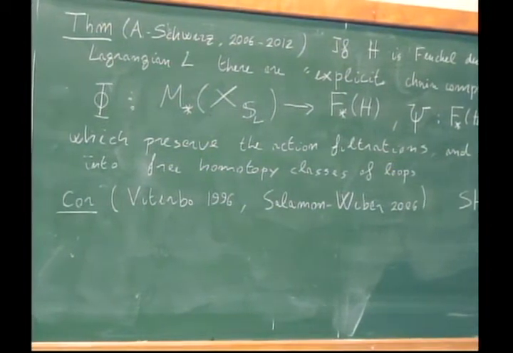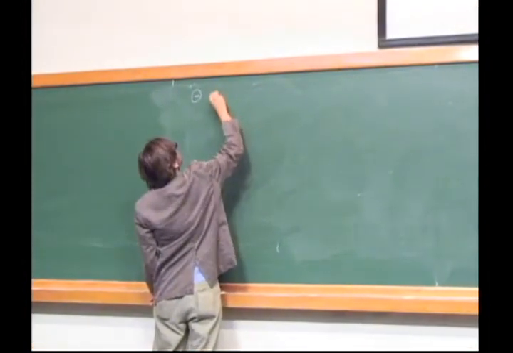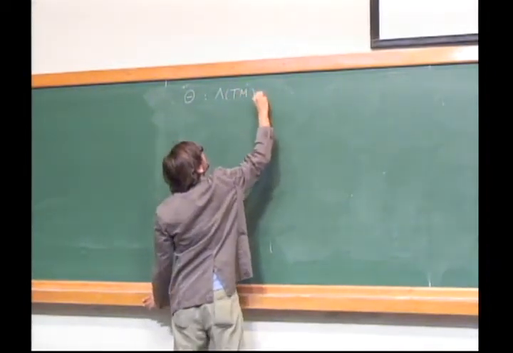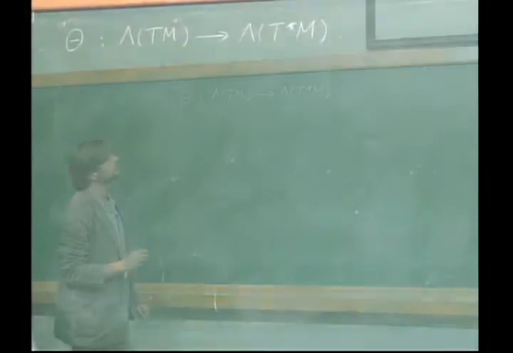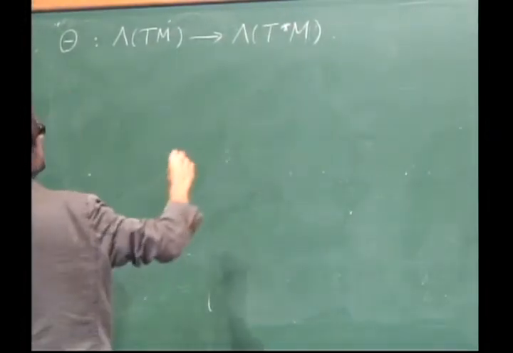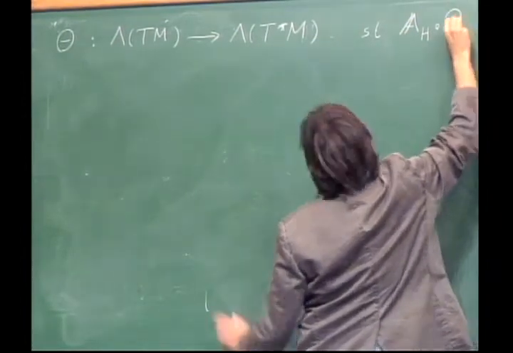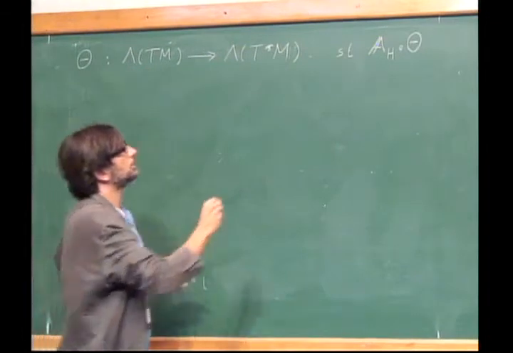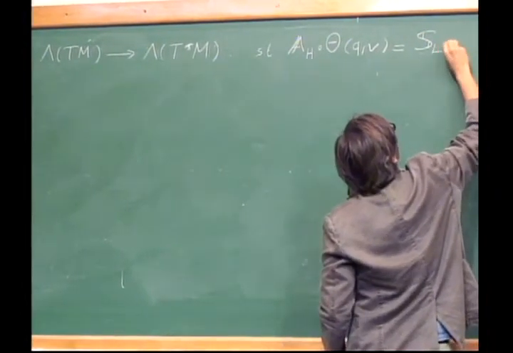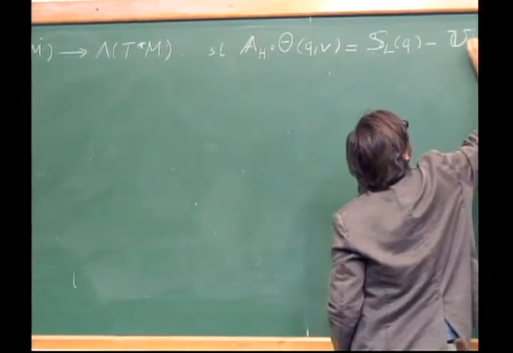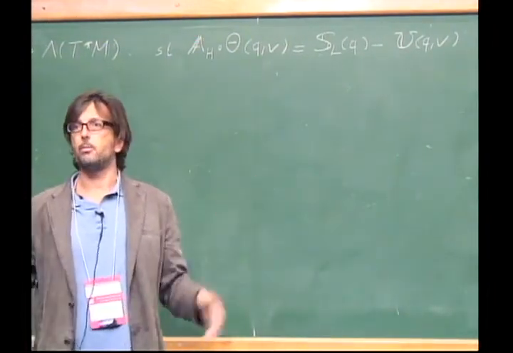But the thing we saw yesterday was that there was this diffeomorphism from the loop space of TM to the loop space of T star M, which was such that if we read the Hamiltonian action function on the loop space of the tangent bundle of M, so we apply it to (q, v), then what we get is S, the Lagrangian action of q, minus this function U of (q, v), which was 0 on the 0 section, and then growing on the fibers.